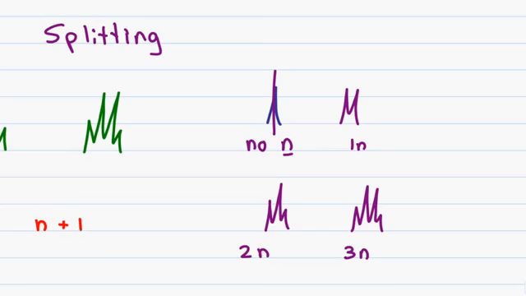Therefore, I can simply look at the peak on my graph, count the number of tips that I see, subtract 1, so it'll be tips minus 1, and that will give me the number of types of hydrogen neighbors. Let's engineer this backwards. If I see 4 tips, 4 minus 1 is 3, that gives me 3 neighbors. 3 minus 1 is 2 neighbors. 2 minus 1 is 1 neighbor, and 1 minus 1 is 0 or no neighbors.